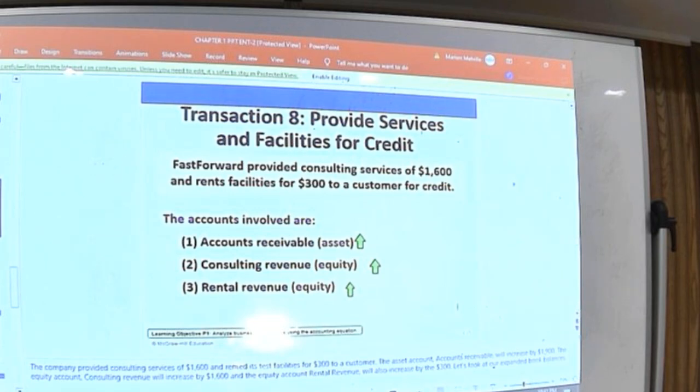And so our accounts receivable asset on the left-hand side of the accounting equation is going to go up. Consulting revenue on the right-hand side goes up as well, as does rental revenue. Again, the accounting equation remains in balance.